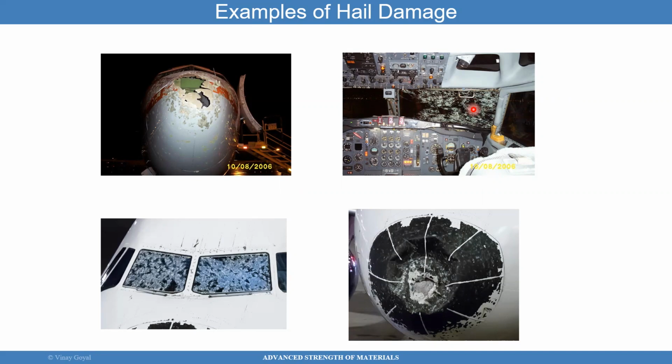For example, this hail damage was survived because they have the radome, the radar system in the front, but they have a cone in the front that is quite damage tolerant. So if you punch into that sandwich structure, it doesn't reach the radar system. There are ways that people have thought of how to go about this. The windshields are designed so they don't shatter to the point that the pilots could be hurt to the point that they cannot operate the aircraft.